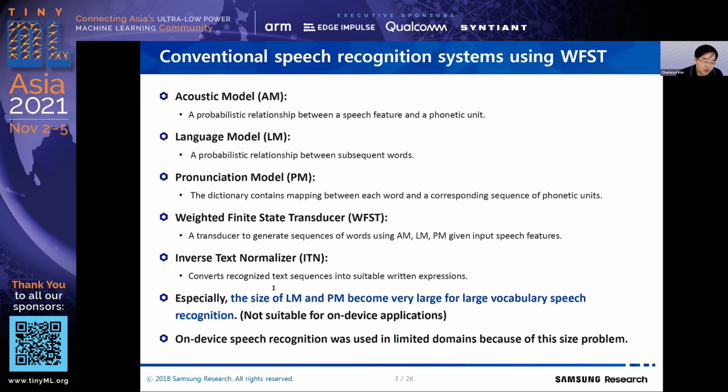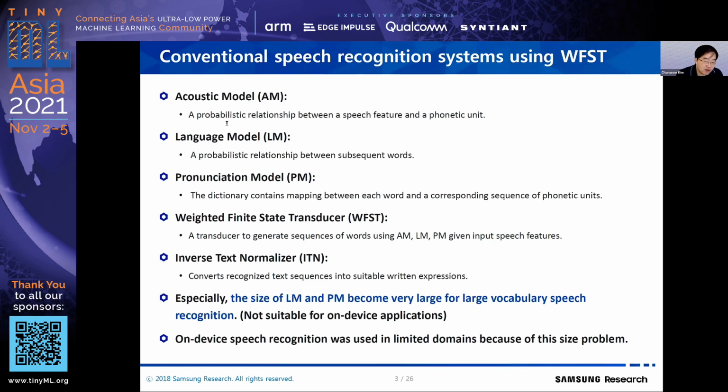Before that time, people had been using the hidden Markov model-based approach. The conventional techniques consist of many different parts. Because this is not the main topic of today's talk, I'll just briefly talk about what components existed in the conventional techniques.